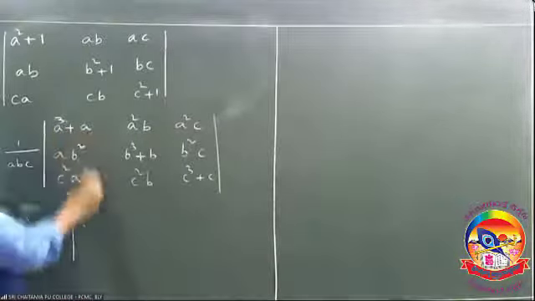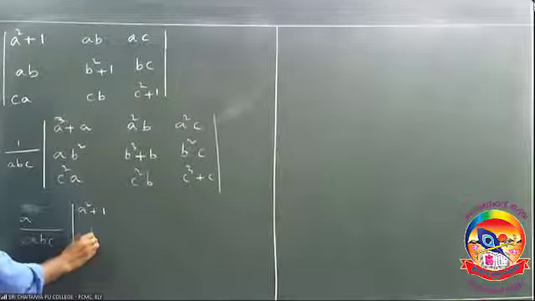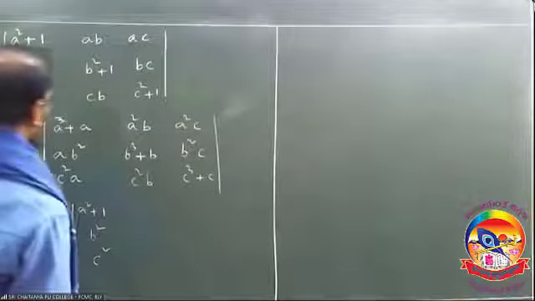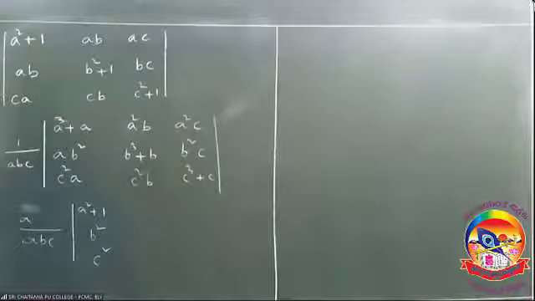So it becomes a square plus 1. And here it becomes b square. And here it becomes c square. Now, similarly, better to take a square common. Take a square common.